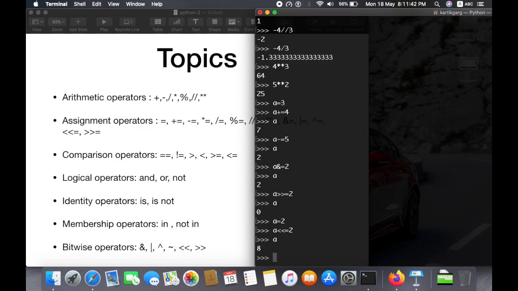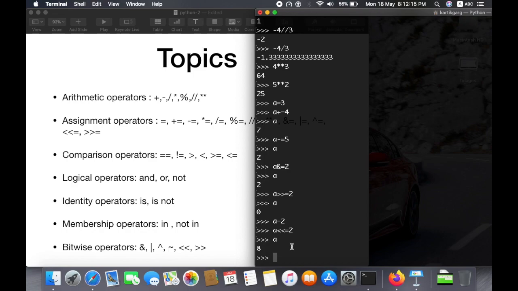Because in binary form 2 is 1 0, and as we performed left shift operations on a, it will move the bits of the given operand one by one. Depending on the number of operations, it will perform the total operations, and at the end the resultant would be the output. So in this case 8 is the output.